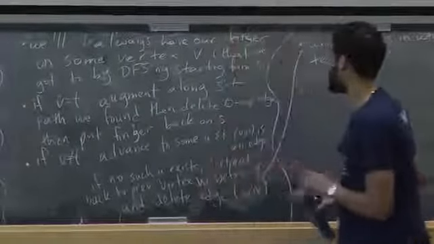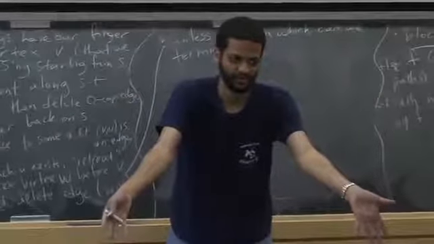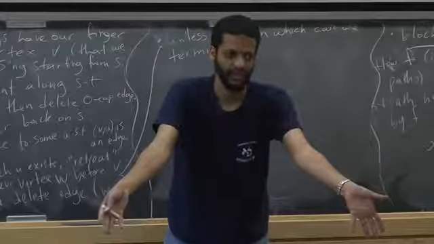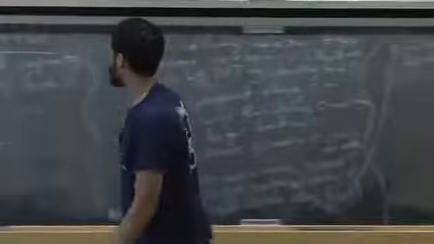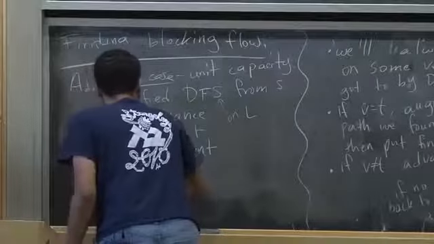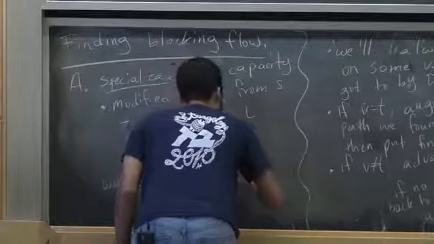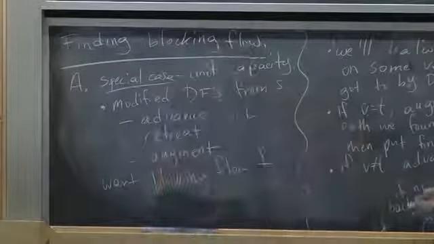Okay. So if V equals T, what this thing is going to do is it's going to output a flow. We want a blocking flow f. So this thing is going to output the flow f.